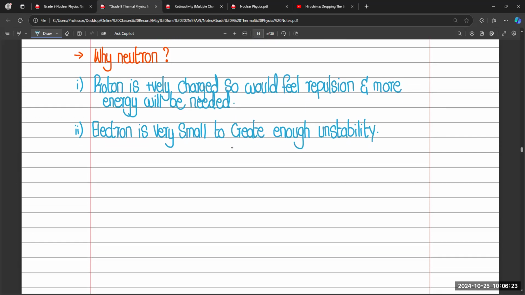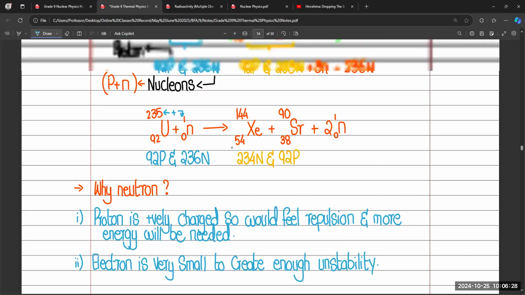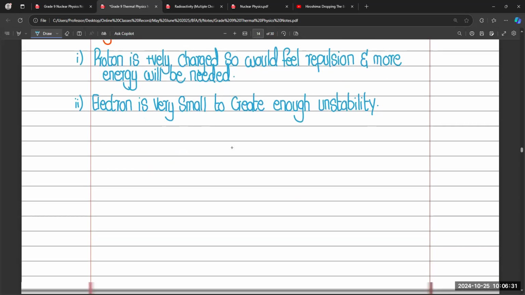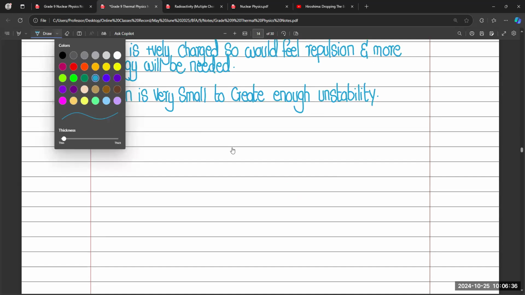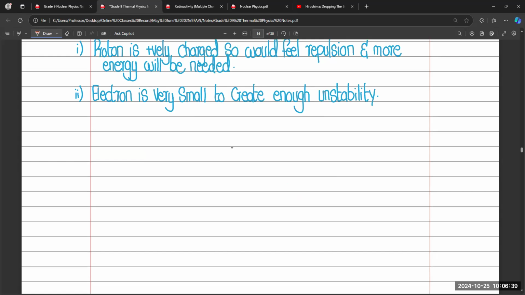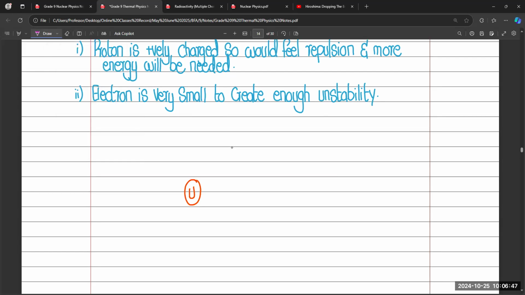And it is like a chain reaction. For example, if we write these two equations, from these two equations, if you want to draw a diagram, you will get a chain reaction. For example, we have uranium. This is uranium, and a small neutron strikes this uranium, and in result you will get multiple elements.